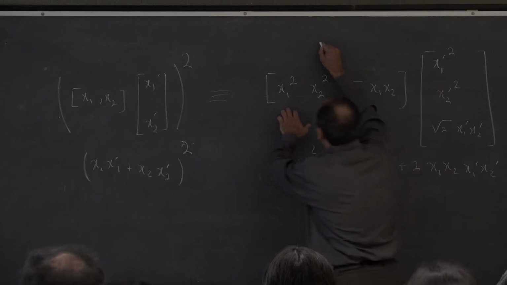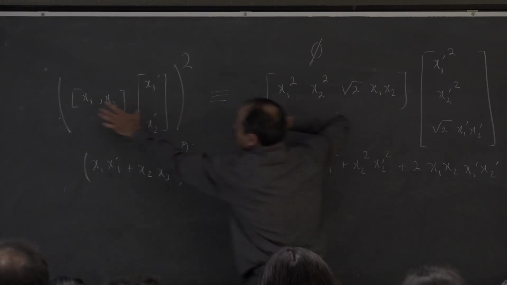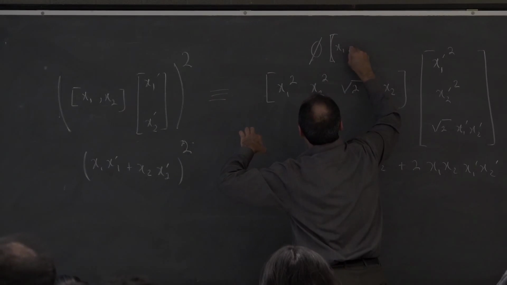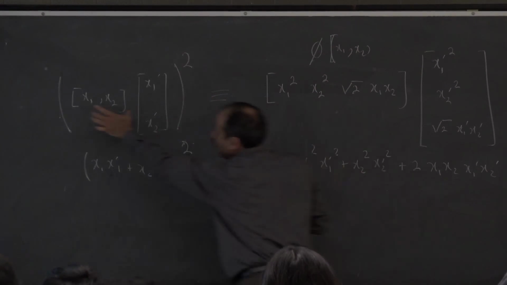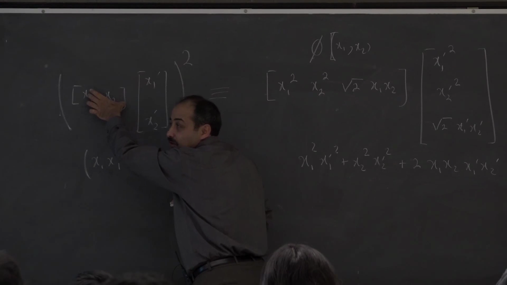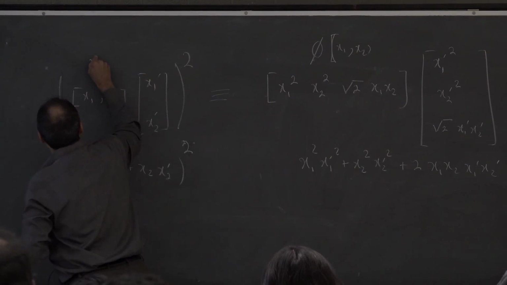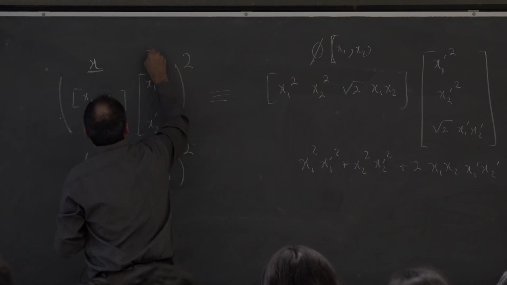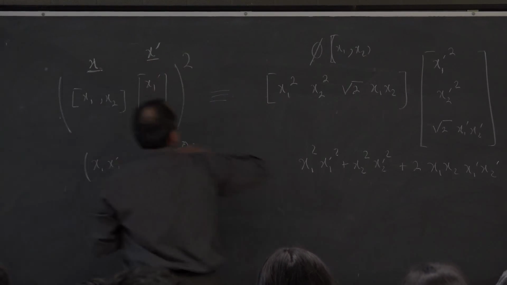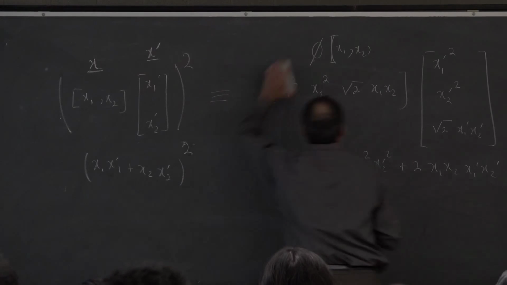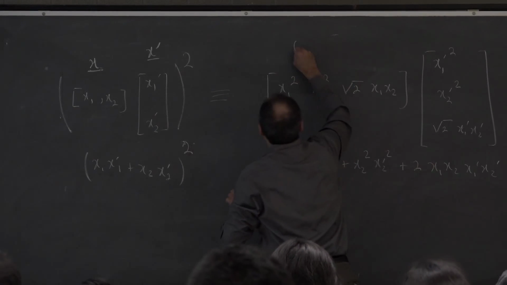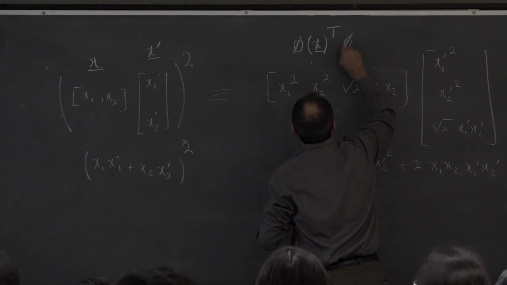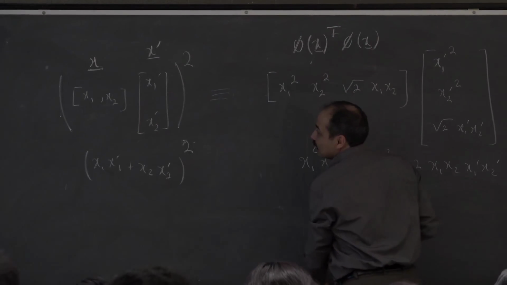But this is my phi of this vector. I had a point in two-dimensional space. It's a vector here, I show it this way. And it's a vector here. So it's phi of this vector transpose times phi of the other point.